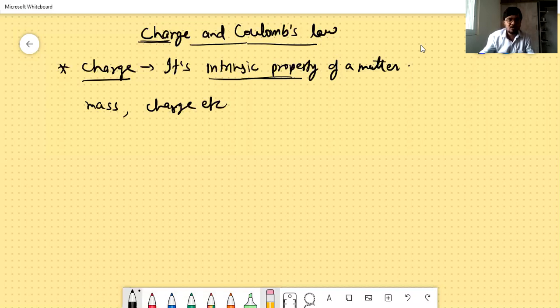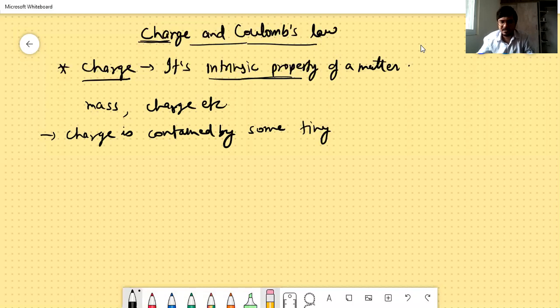Okay, now come to the point that where the charge lies inside the matter. The charge is contained by some tiny particles called charge carriers inside the matter. I hope you all know, since you are studying for standard 12 physics, what are those tiny particles from your standard 11 chemistry concept. Those charge carriers are electrons and protons in the atom.